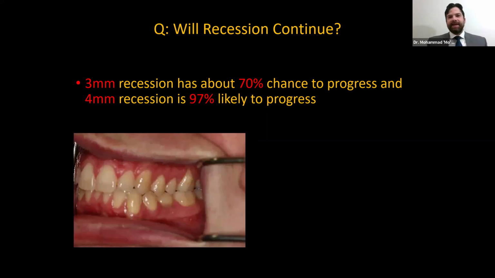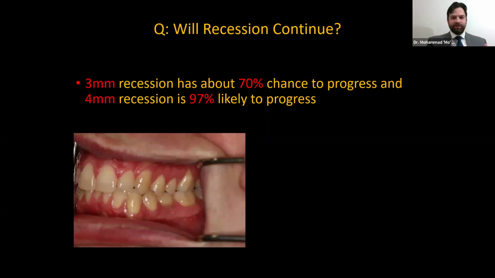Number two, at a certain threshold, even 3 millimeters in a lot of cases becomes challenging to manage. So it's wise, it's prudent to get hold of the patient, discuss the case, and try to manage it early. In this particular case, you can see there was recession associated with tooth number 2-6. The mesial root is a little bit exposed. The patient did not get any treatment.